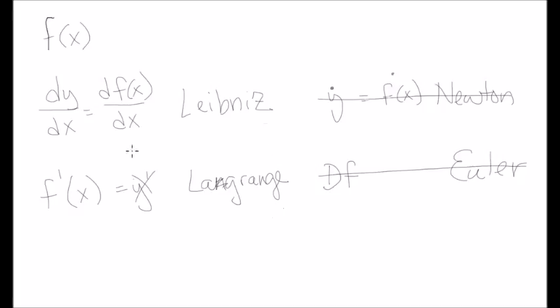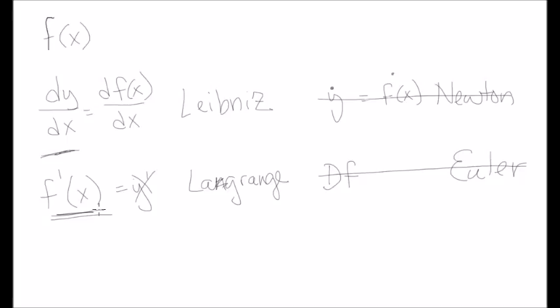Now, you might ask, why do these 2 formulations of the notation for first derivative persist? Why can't we just make up our minds about which one we should use? And the answer is a little bit of a mix of the fact that both are very widespread and that each has times when it is helpful.